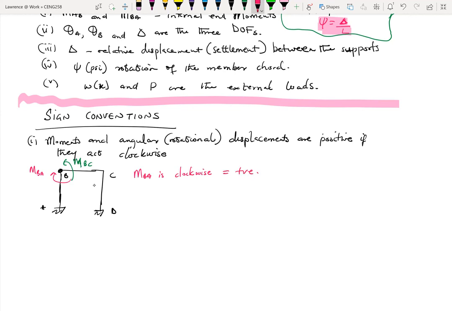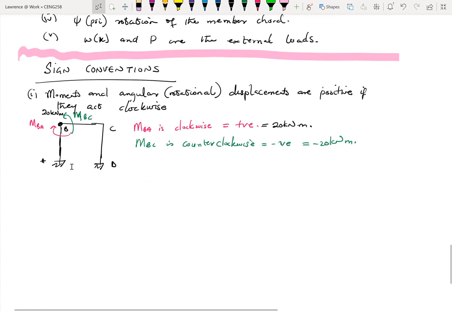Assuming it is, let's say, 20 kilonewton meter, then this is equal to 20 kilonewton meter. Then MBC is counterclockwise or anti-clockwise, so this will be negative, which means we get negative 20 kilonewton meter. So it is important to understand that sign conventions are critical, because otherwise you might end up with the wrong information. Now let's look at another example of how sign conventions are important to us.